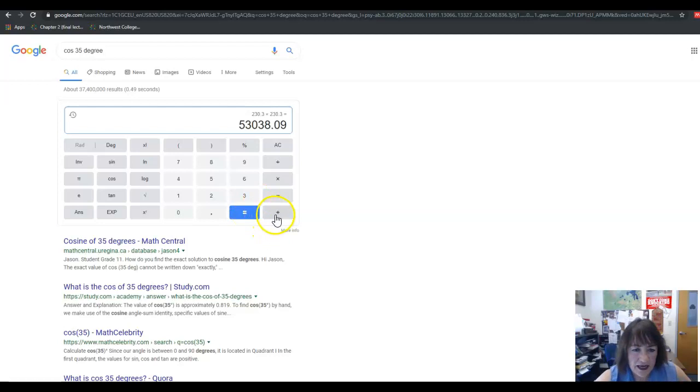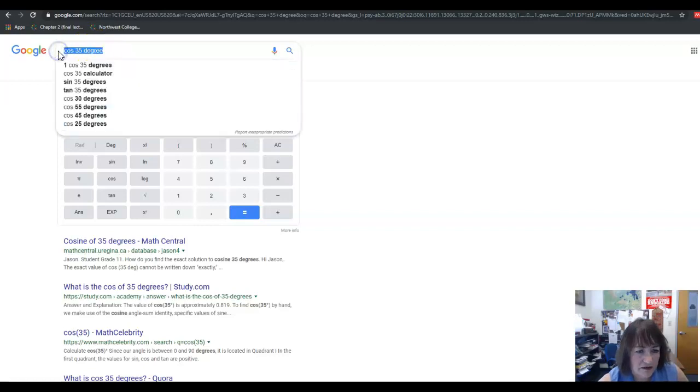Okay, so I add that number to the 424.36, and I get my radicand, a value of 53,462.45. And so the magnitude of my resultant is going to be the square root of that number.